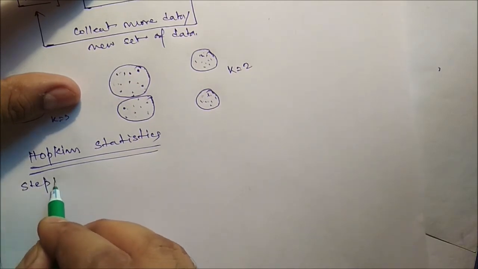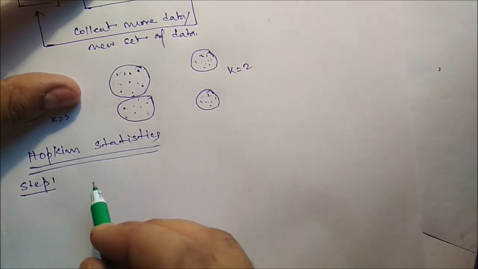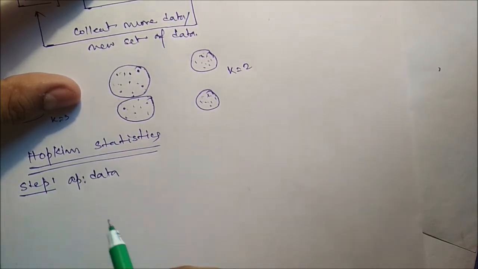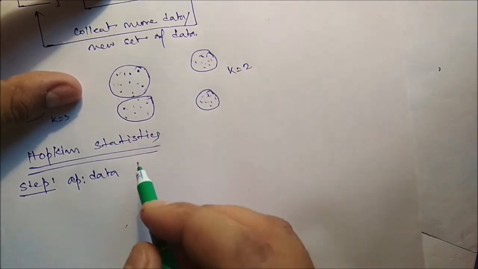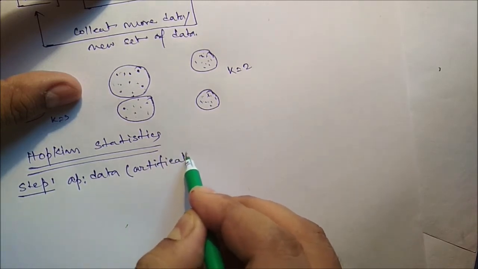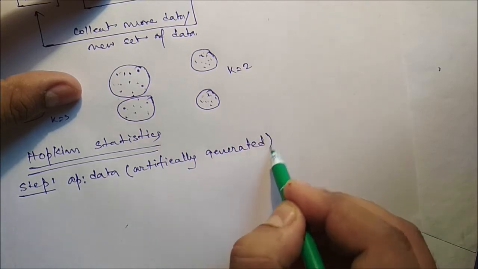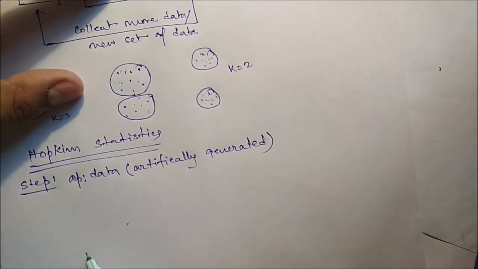Step 1, generate data, call it AP, that are randomly distributed across the data space. So this is artificially generated.